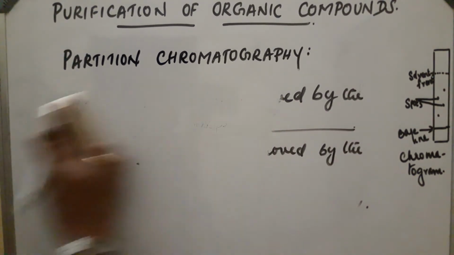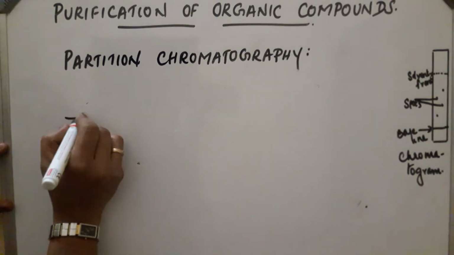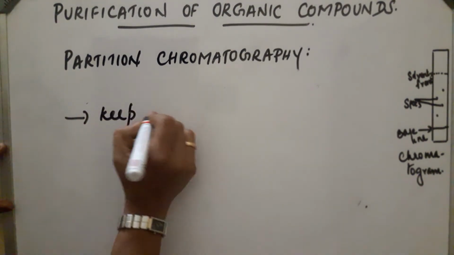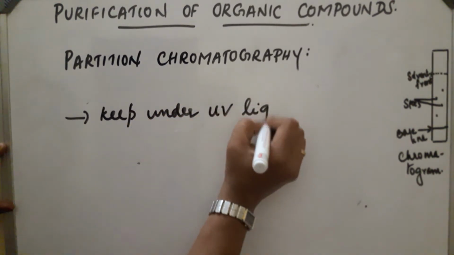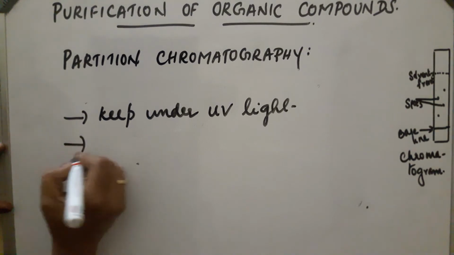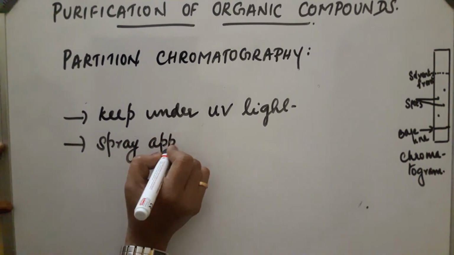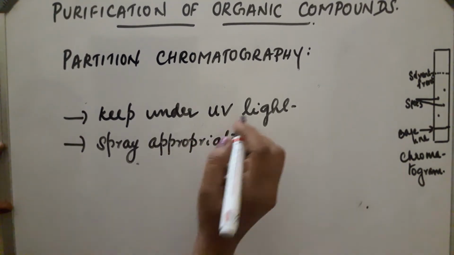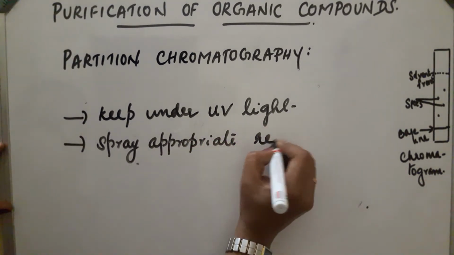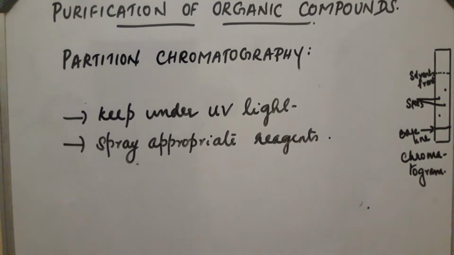In such cases we keep the paper under UV light, so the spots become fluorescent, or we can spray appropriate reagents to identify the components present in the mixture, or use iodine crystals, where brown spots can be identified.